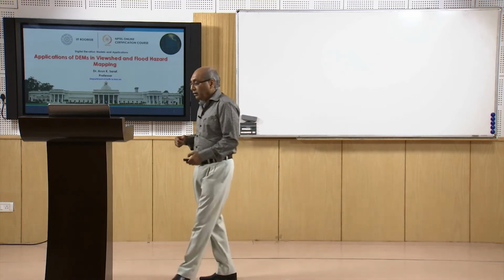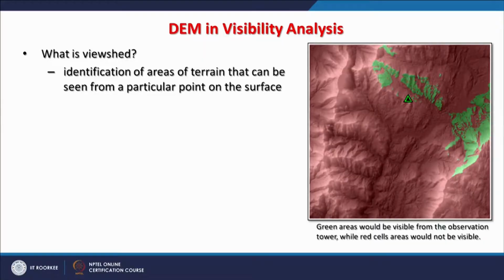In this example on the right side, this is the location of a point from where the viewshed analysis was done in the terrain. If we restrict it to only one side, then these green areas show what would be visible from this point, and the remaining areas will not be visible from that point.